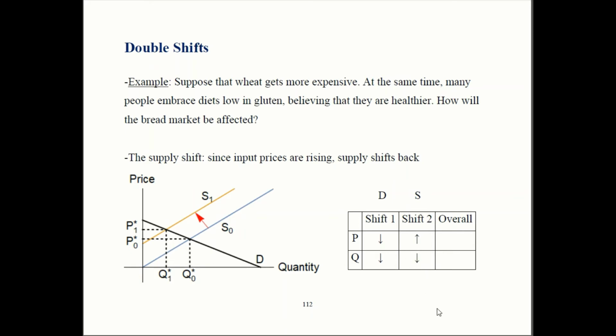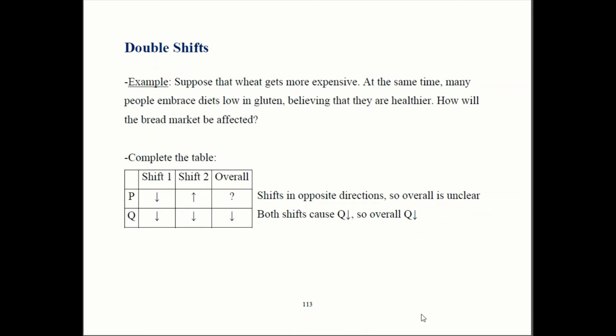That wraps up the section on the individual shifts. Now you have to combine them. For price, we have a down arrow, prices going down, but we also have prices going up. We don't know which one's bigger. If the shifts go in opposite directions, there is ambiguity.